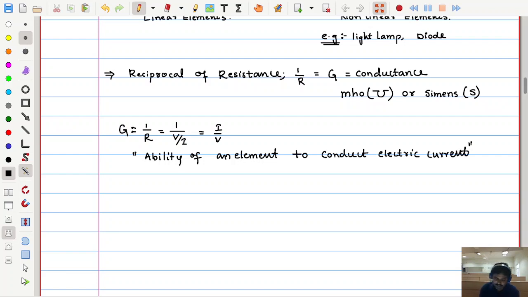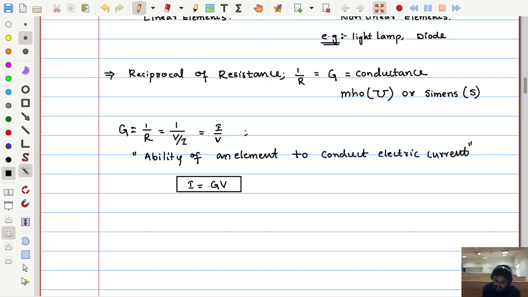And from this relationship, we can write the current as G into V. This is a very frequently used expression. So I is equal to the conductance G into V.